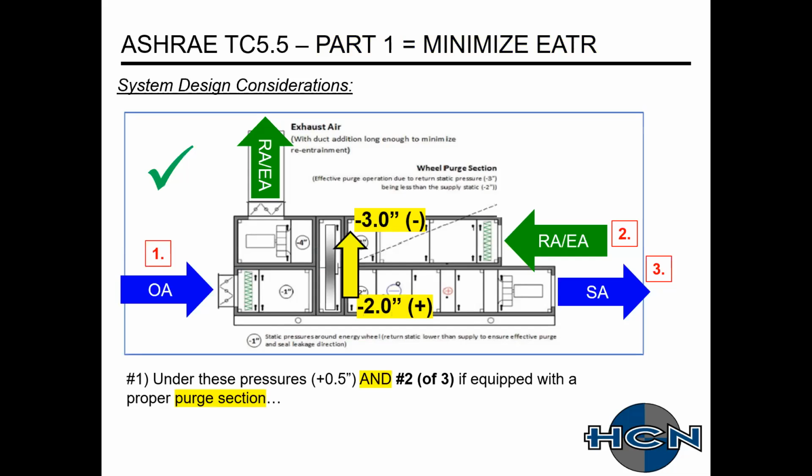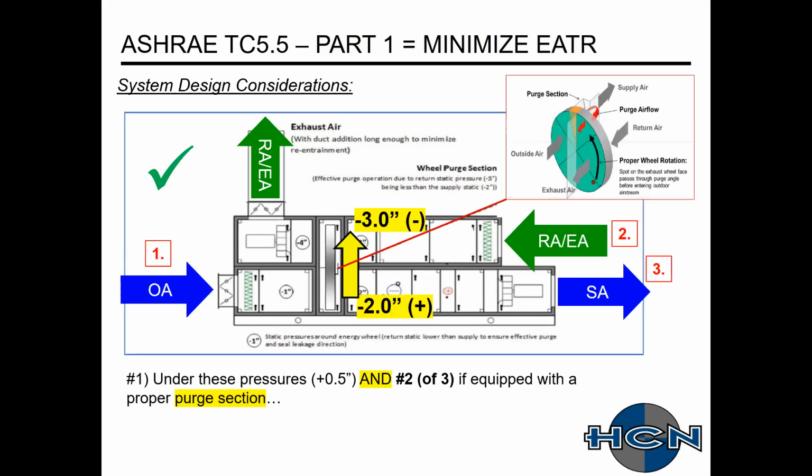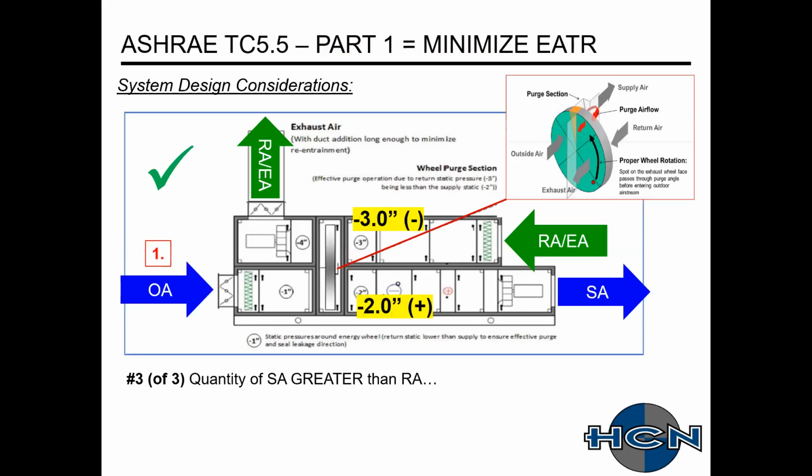So under these pressures with the 0.5 inches, and item number 2, if equipped with a proper purge section, once again our purge section is on our energy recovery wheel trying to reduce the exhaust air transfer ratio. If you have these 2 items, the guide talks about you'll have an energy transfer ratio less than 1 to 3%, and in some cases it could approach 0, all right?